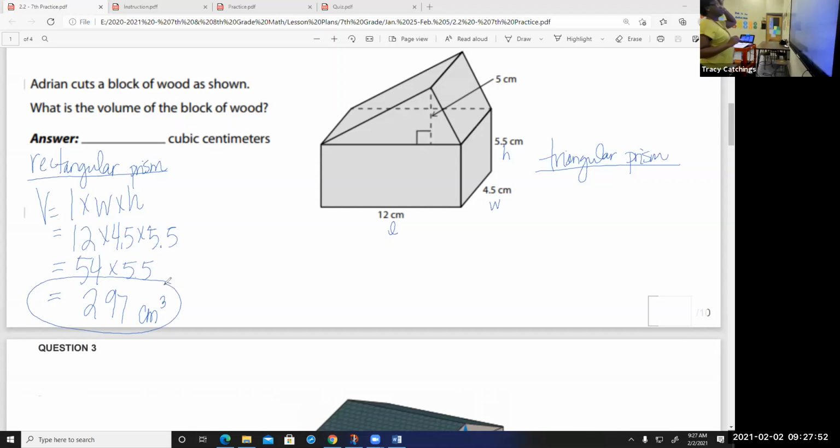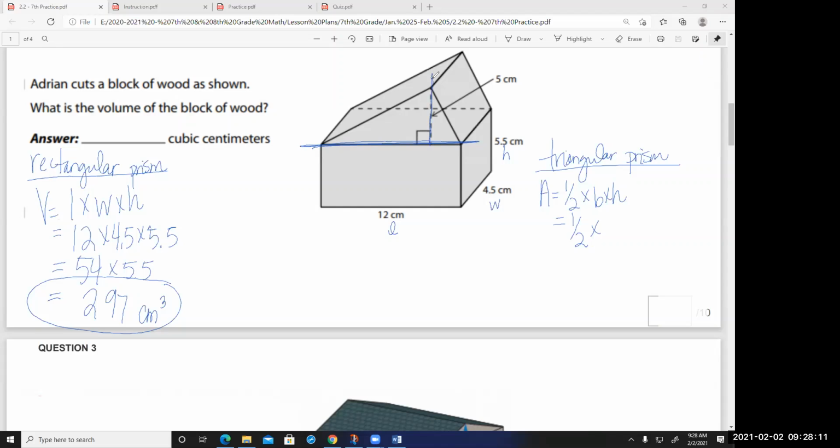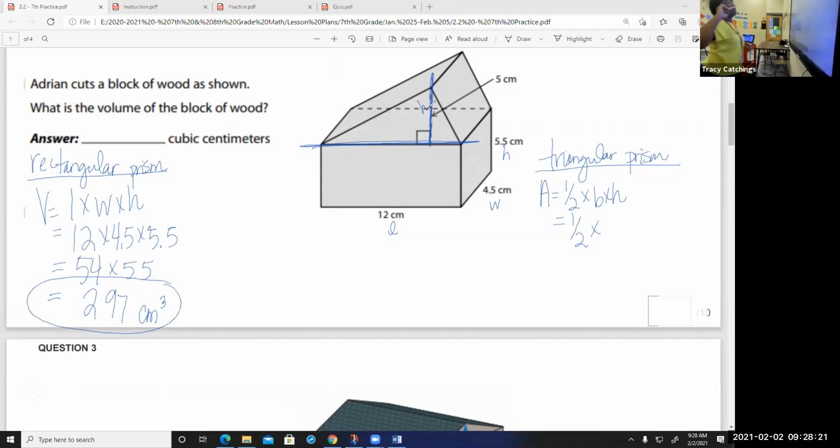All right, looking at the triangular prism, we first got to get the area of that base, the triangle. So what would be the base and the height of that triangle? 5 is the height. That's the height. We need the base.